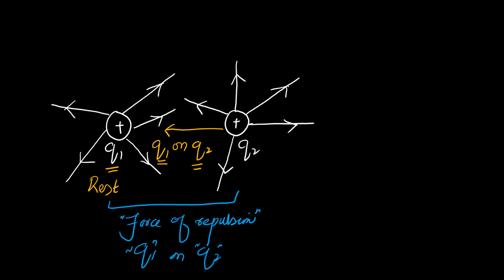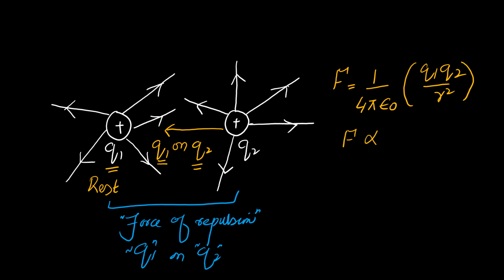So, dear student, we can calculate the amount of force exerted by Q1 on Q2 by the famous Coulomb equation, which is force is equal to 1/4 pi epsilon naught into Q1 Q2 divided by r square. This means that force is directly proportional to the magnitude of charges.